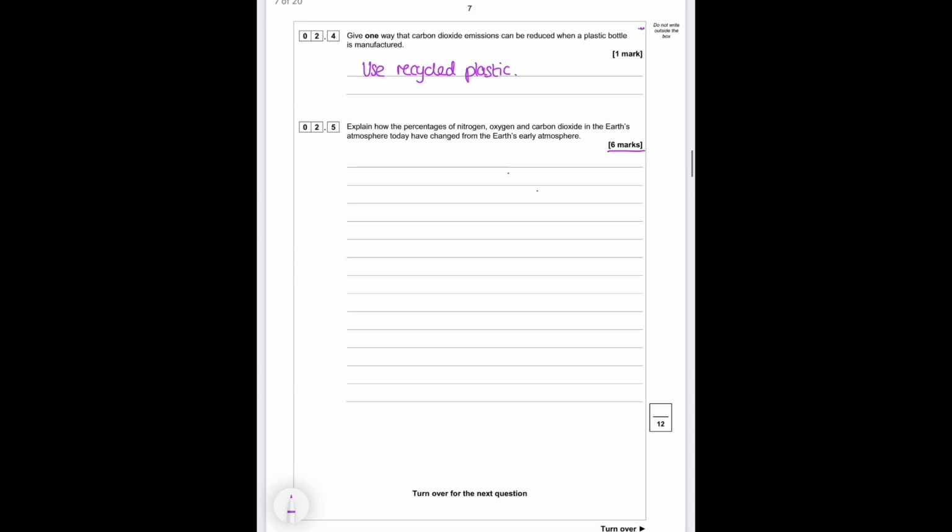Now, when plants started to form, they would undergo a process called photosynthesis, which takes in carbon dioxide to enable the plants to grow, but would also release oxygen into the atmosphere. So, again, this led to the percentages of carbon dioxide decreasing and the percentages of oxygen increasing due to photosynthesis.